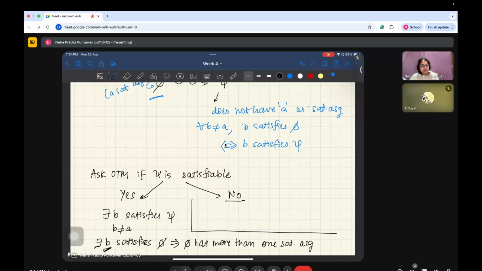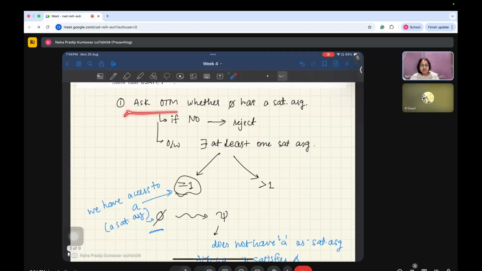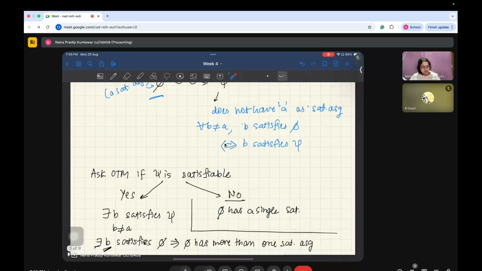But it could be the case that phi has no satisfying assignment as well. That we already checked in the first query. So phi has a single satisfying assignment.